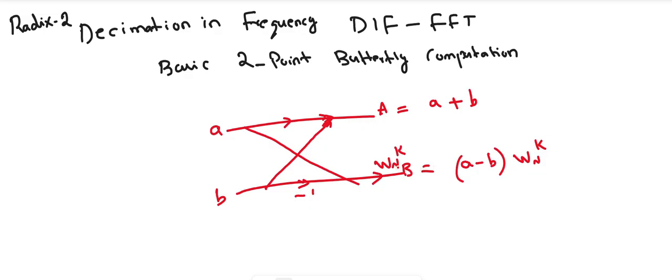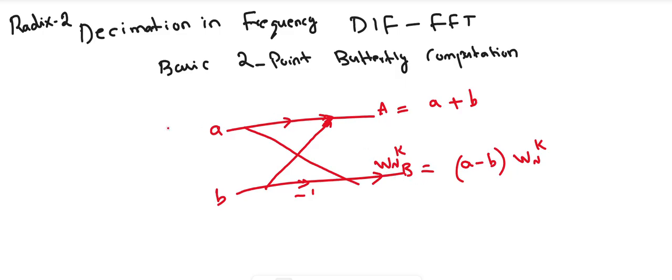So in each computation two complex numbers a and b are considered. The sum of the two complex numbers gives the new complex number a. Subtracting b from a gives the difference term, a minus b, which is multiplied with the twiddle factor W_N^k to form the new complex number b.